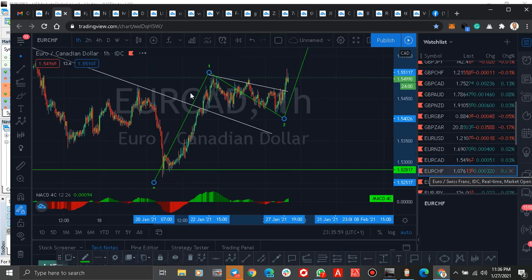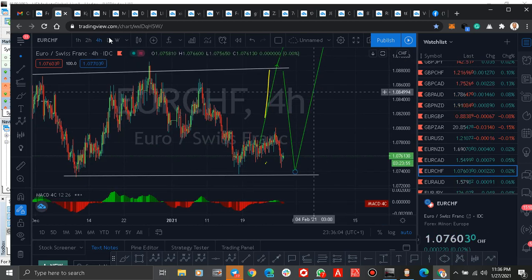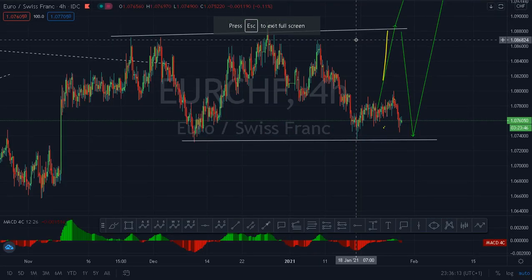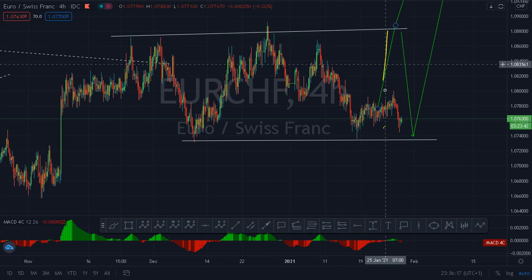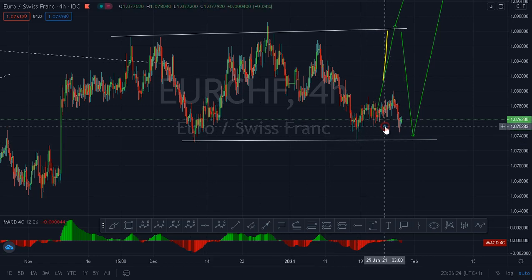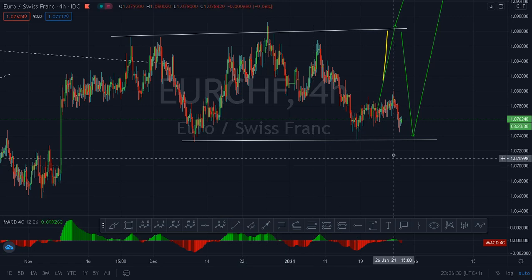Euro CHF. What do we have there? Okay, remember I said that this line might be tested and the price will go up from there, and the price is coming down gradually to the line.